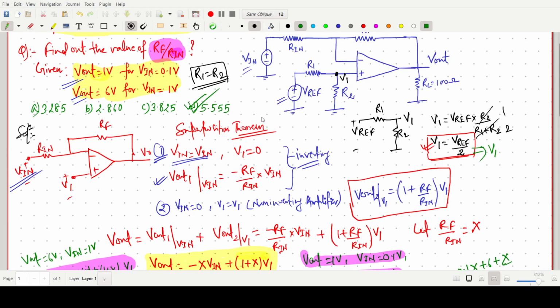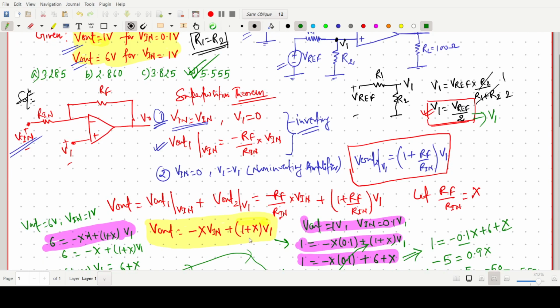Once again I am repeating this. Two conditions and two inputs are given, so we have to use the superposition principle. For one input it is inverting, for the other input it is non-inverting, so write the equations. Then we add the output voltages, V output as V output 1 plus V output 2.